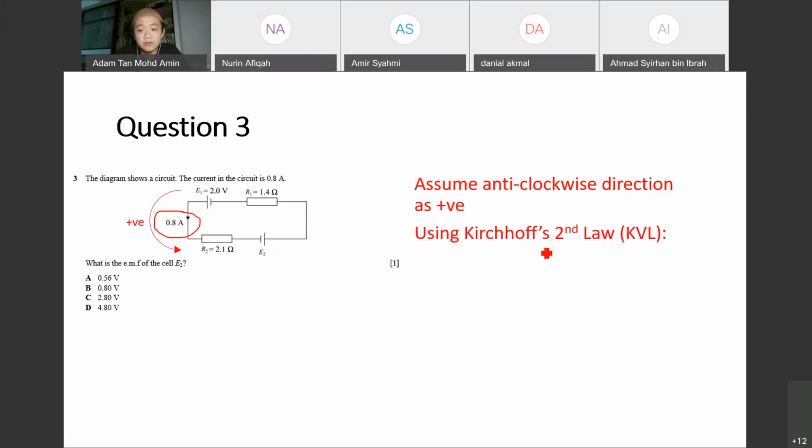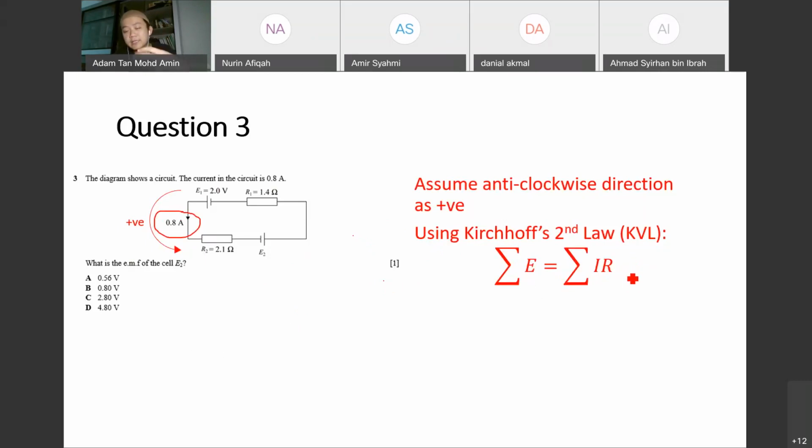And then using Kirchhoff's second law, also known as KVL, dia kata apa? Dia kata, sum of E equals to sum IR. So this is the formal definition of KVL lah.